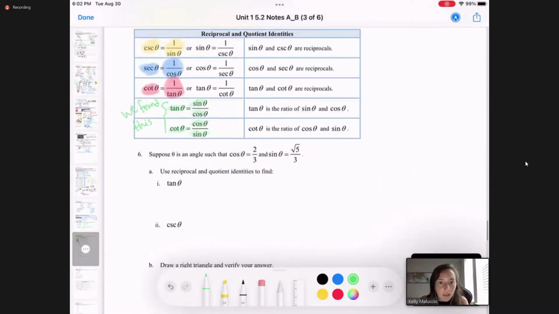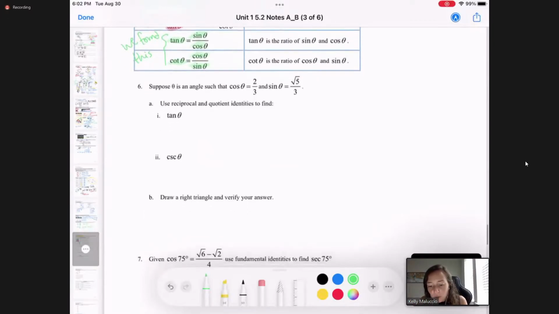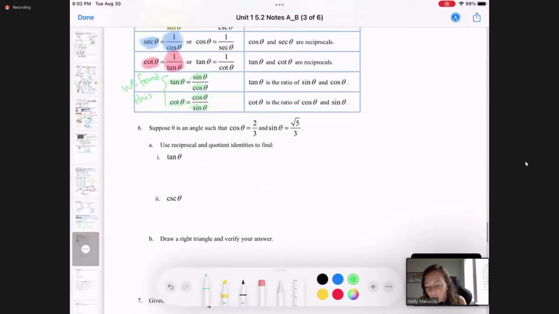Okay. Now let's do some problems here. Suppose theta is an angle such that cosine of theta is 2 over 3 and sine of theta is root 5 over 3. We're going to just use the identities and answer this question.